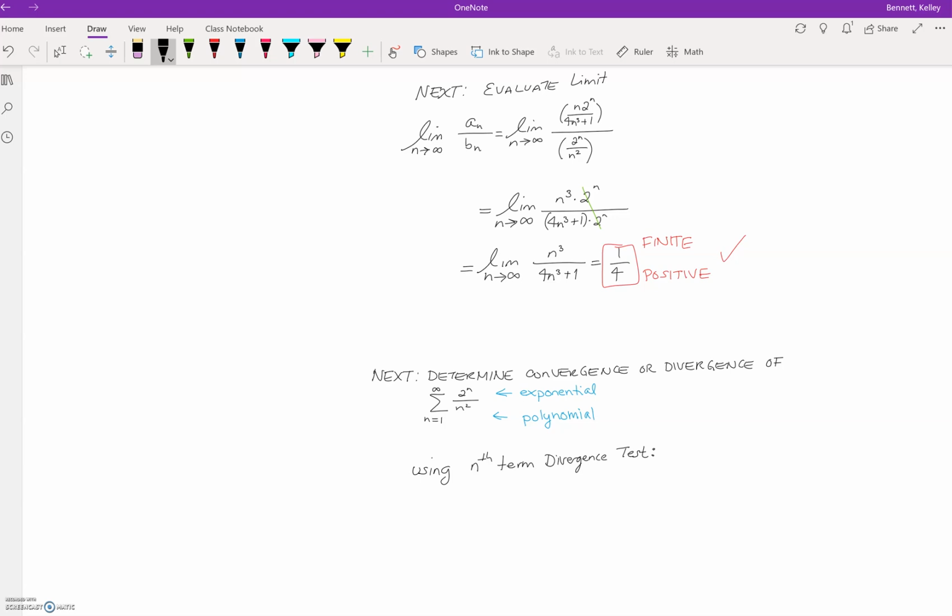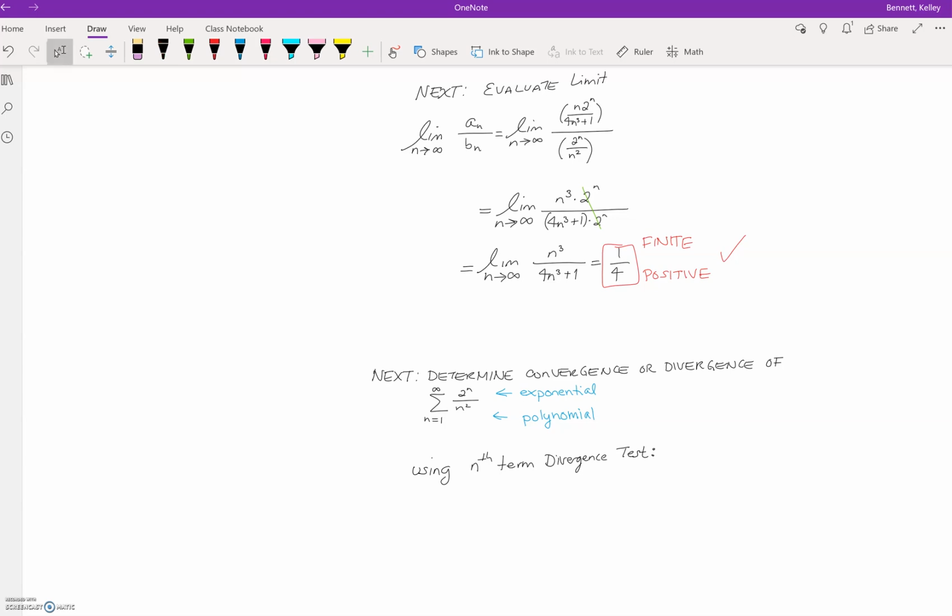Remember that the nth term divergence test just asks you to evaluate the limit as n goes to infinity of the term. If the terms inside your sum don't go to 0, there's no chance that the sum will converge because it'll just keep getting bigger and bigger and bigger.